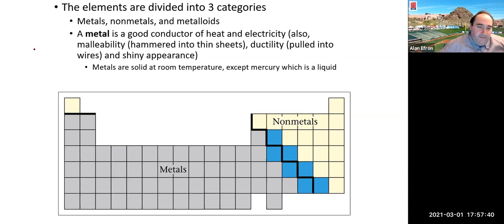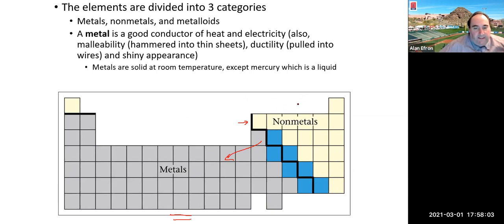So the periodic table is basically broken off into 3 different categories: metals, nonmetals, and metalloids. On most periodic tables, you can see a staircase like we have here. To the left of the staircase, including those 2 rows at the bottom, those are all metals.